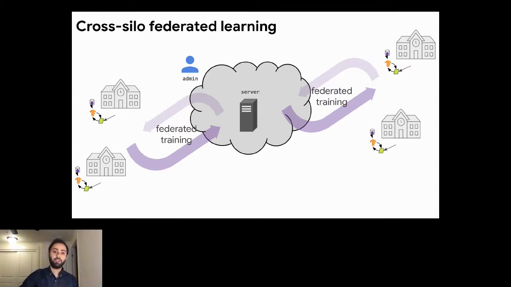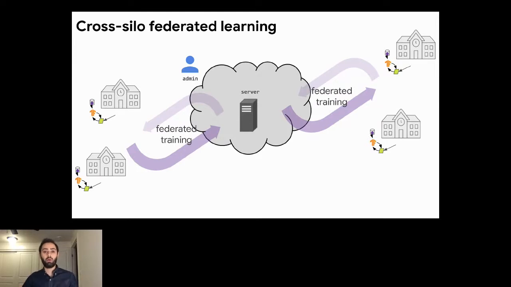Now, the stark difference between this setting and the other setting is that here you have far fewer clients. Usually you have tens, hundreds, or maybe even thousands of clients in this setting, but the clients here are much bigger and much more powerful. For instance, they're not computers, and they're not phones, and they're not IoT devices. These are institutions, so each institution can have its own cloud infrastructure, or it could have a bunch of servers.